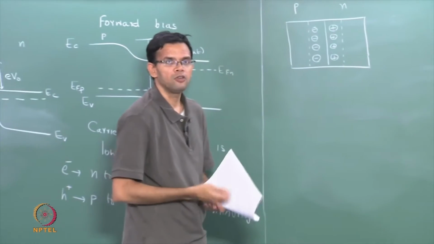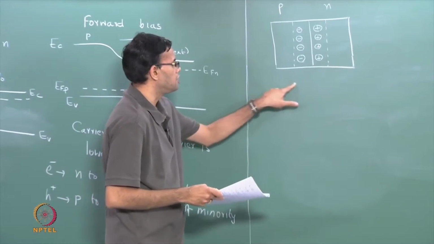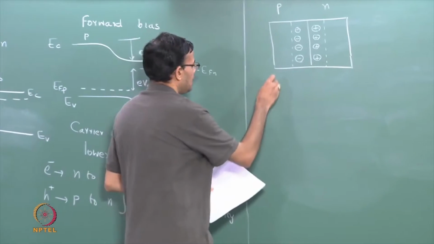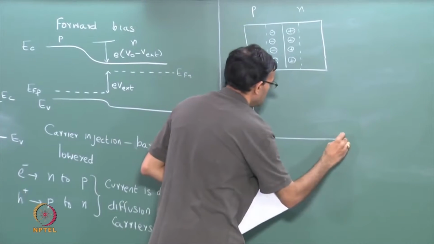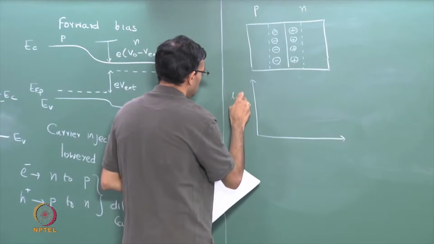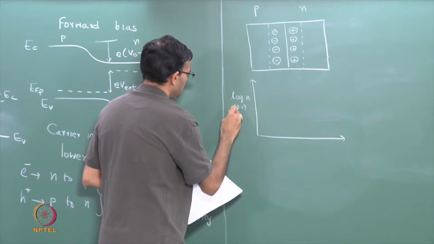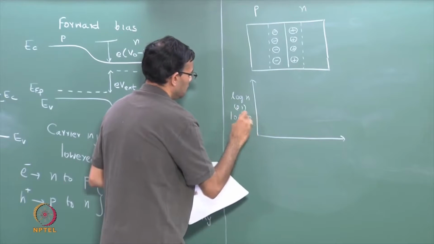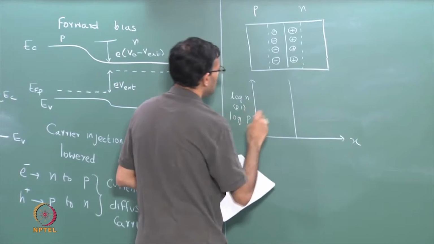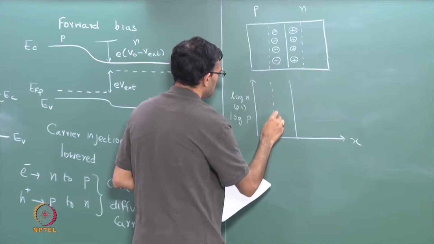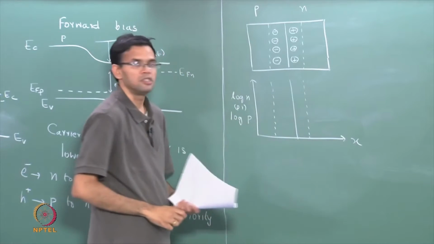So we looked at how the concentration of electrons and holes changes as a function of distance. We looked at this last class when you have a p-n junction in equilibrium. So this is log of n or log of p versus distance. So let me mark my interface and also the depletion region.